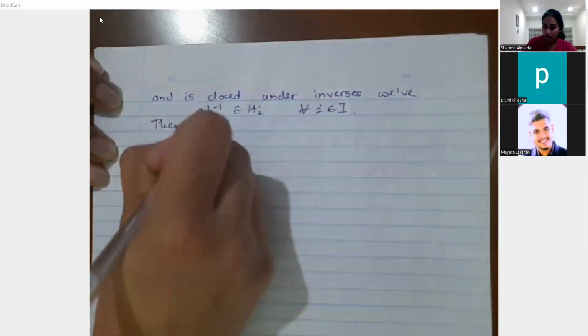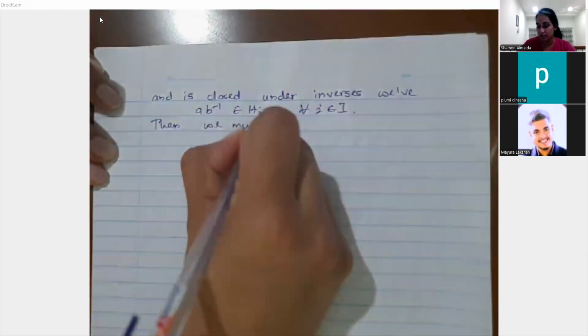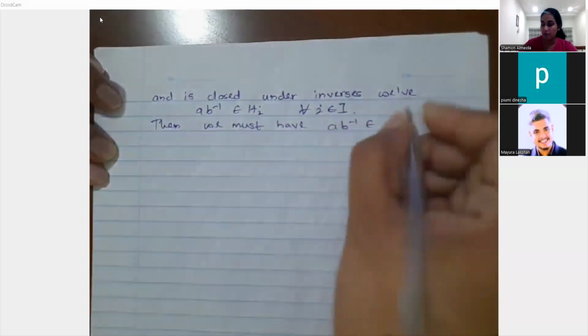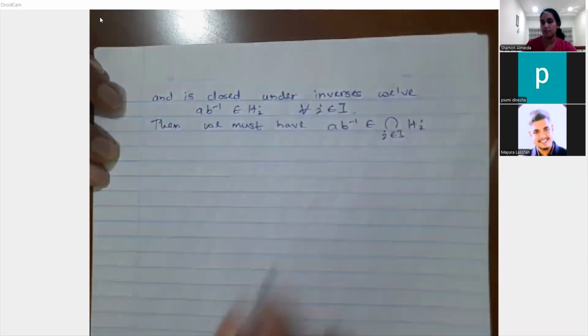Then we must have this element to be in the intersection. We must have a b inverse to be in the intersection.